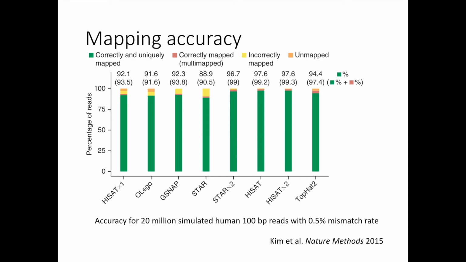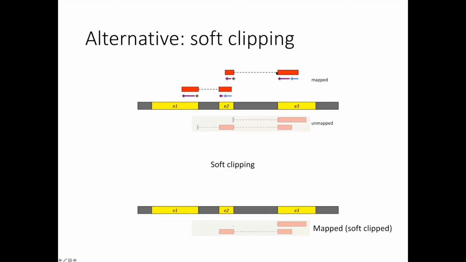So there will be some reads that contain intron retention, right? But I'm not sure how that would help. So basically, if you have a read with intron retention, let's see if I can draw. You have a read that goes like this. Is that what you mean?